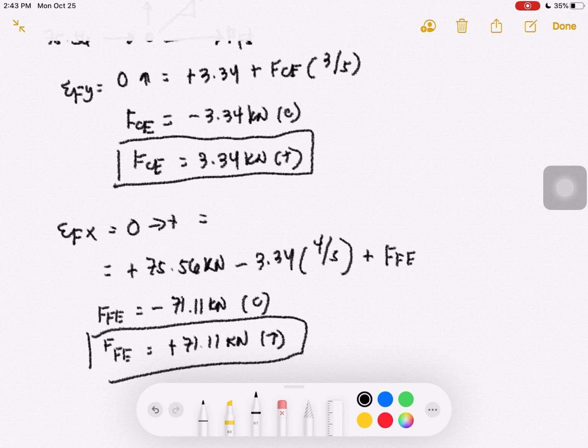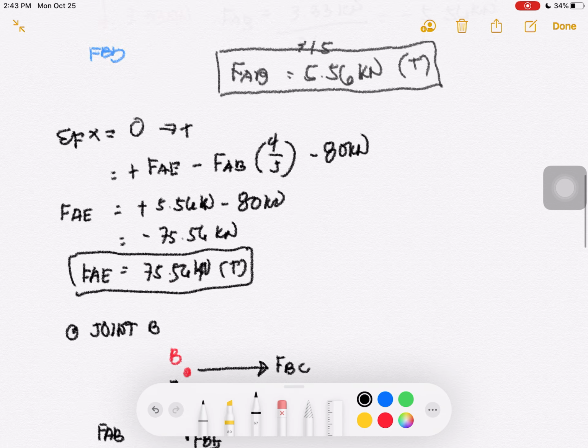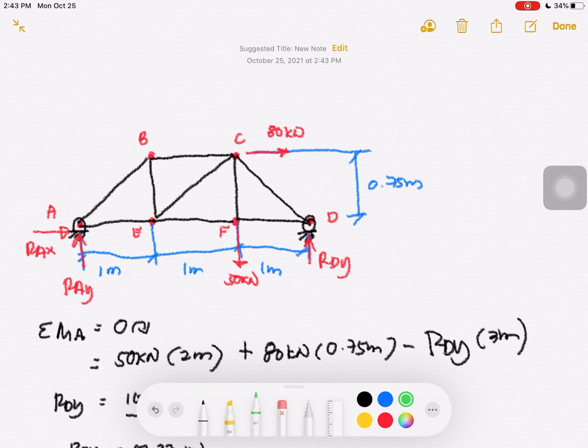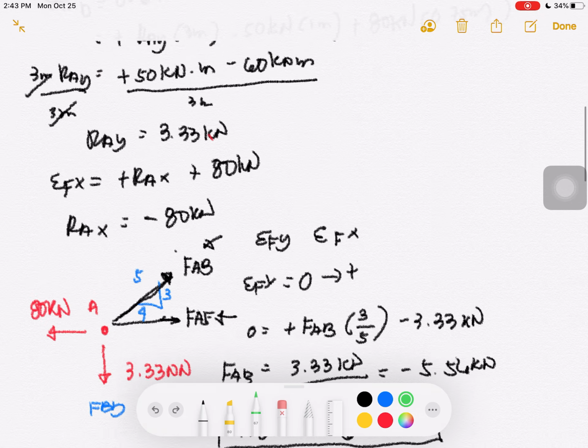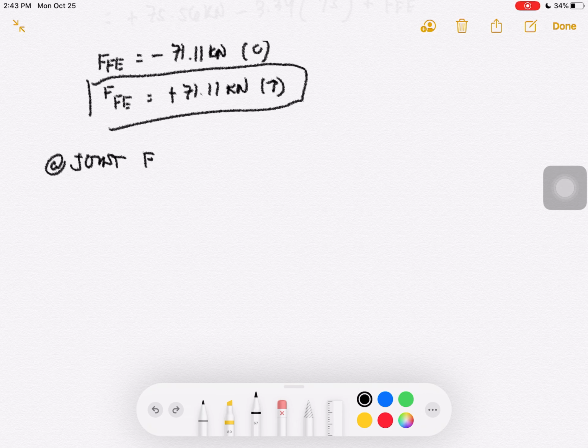What's next? Joint F. So for joint F, ito siya. Ito na lang, last na lang. 1, 2, 3. Once we discuss later on the section, makita niyo yung advantage ng section.